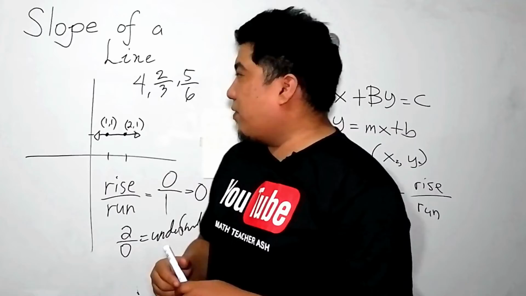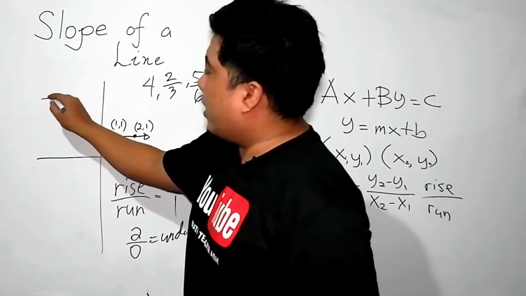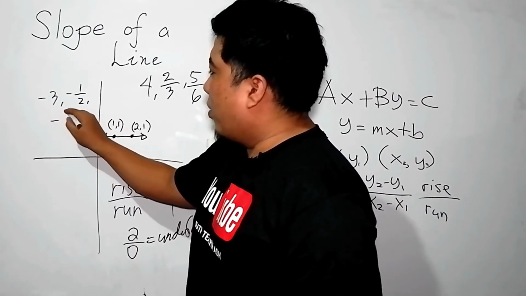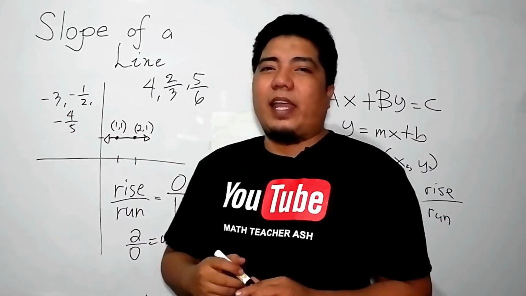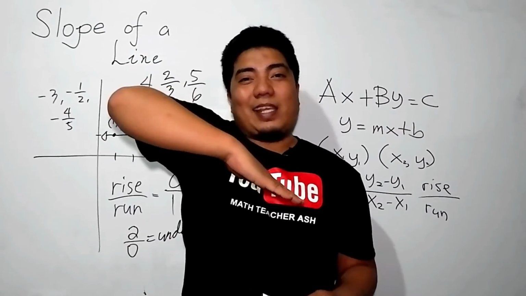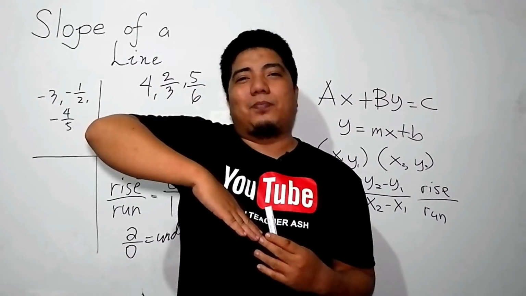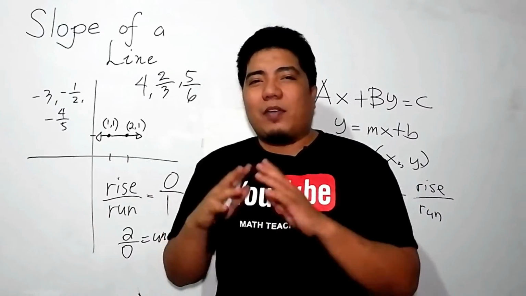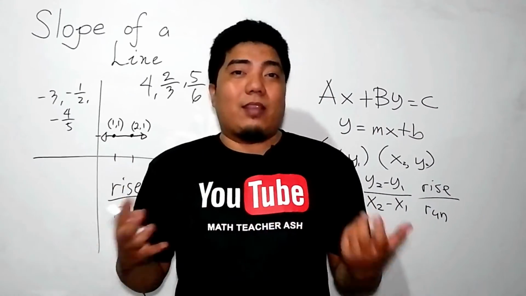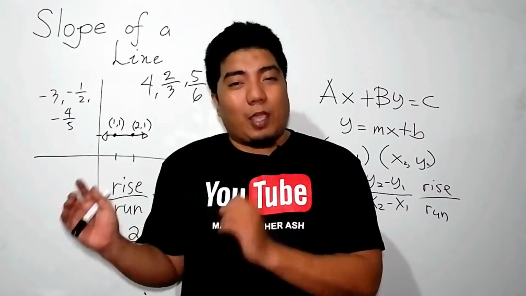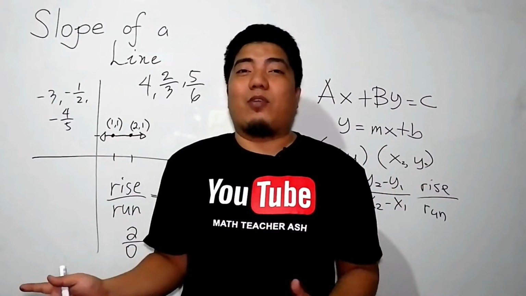But if it is negative, meaning less than 0, let's say -3, -1/2, -4 over 5, then your graph looks like this. It will start from the upper, then it goes down. Okay? So I hope you have an idea on how to get the slope of a line, given the 2 points, given the equation, and given the graph.